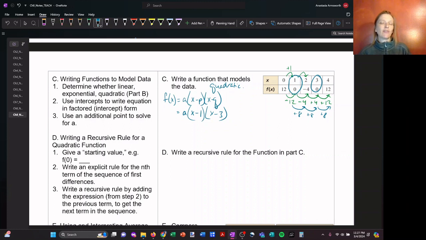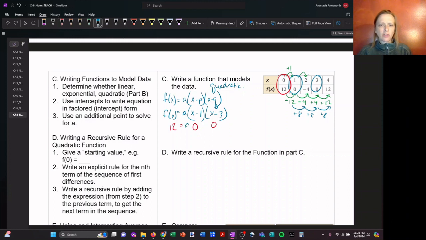Now, in order to figure out the a value, I need to pick another point that's on the parabola. And it's my choice. You know what? I'm going to choose (0, 12) because having zeros in the equation often makes it easier to solve. So I'm going to plug 12 in for my y value, my f of x value, and 0 for my x value.